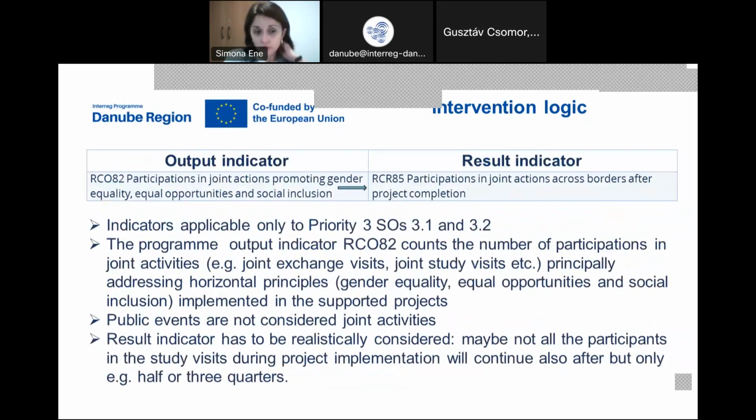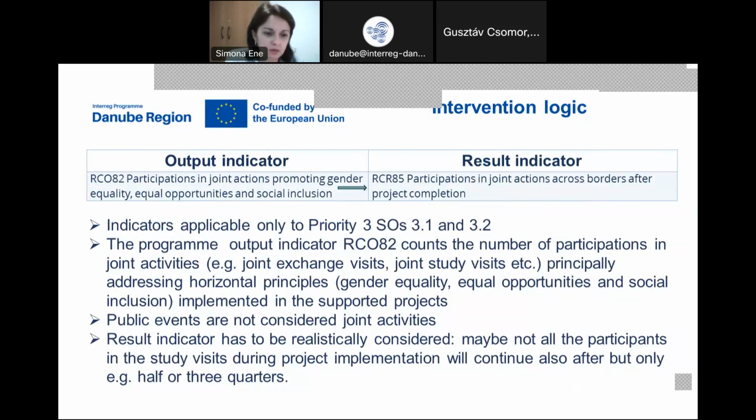We will move forward to the output indicator, which is measuring participations in joint actions promoting gender equality, equal opportunities, and social inclusions, which is linked to the result indicator participations in joint actions across borders after project completions.